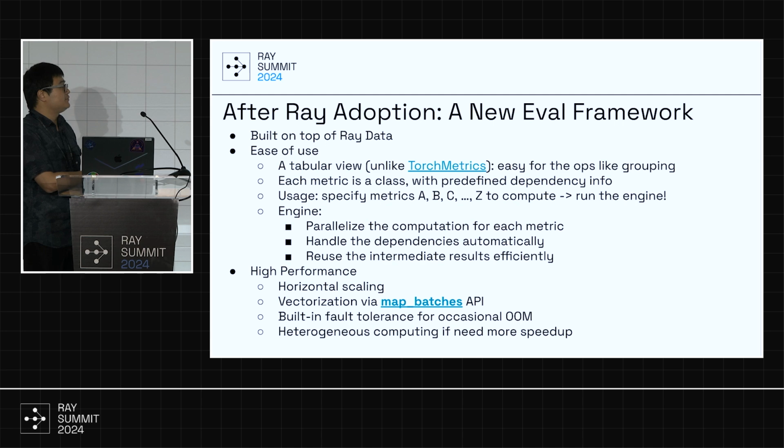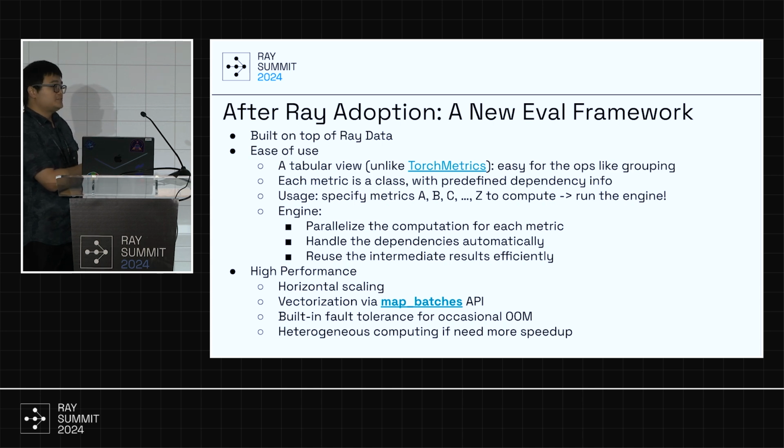It's easier for some ops, especially grouping, and can also easily support filtering and aggregation. In our design, similar to torch metrics, each metric is defined as a class, but we also have predefined dependencies within each class. Then how are we gonna use it?